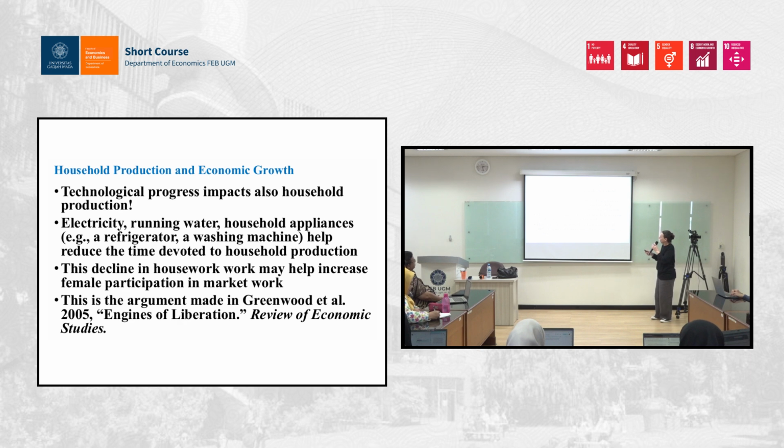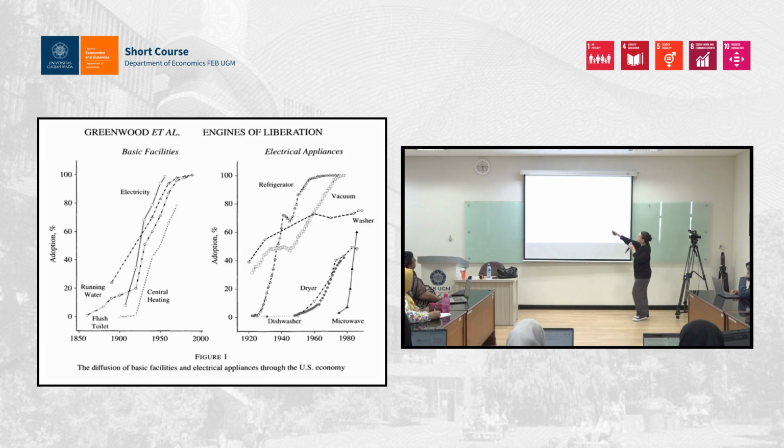Because they show that there are these increases. They take historical data for the United States, and in this one is the adoption percentage by households from 1850 to 2000.